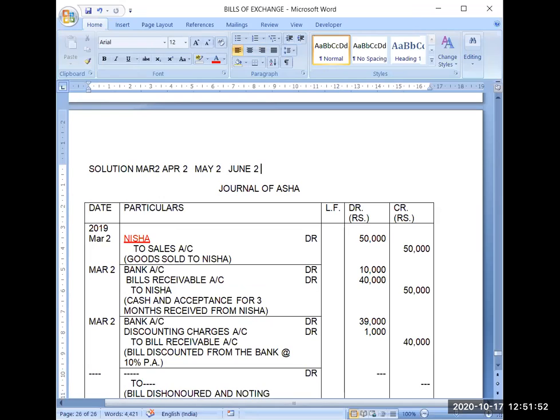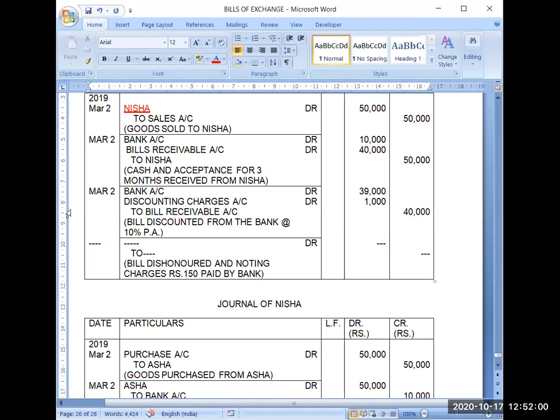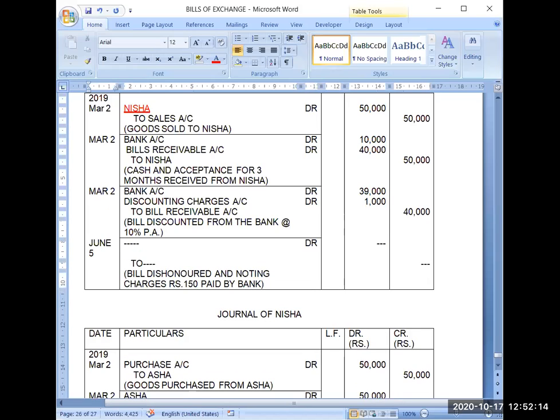And then I will be adding 3 days, June 3, June 4, and June 5. So my due date will be June 5. Here I will be writing the date June 5, and that should also be underlined. Keep it in mind.